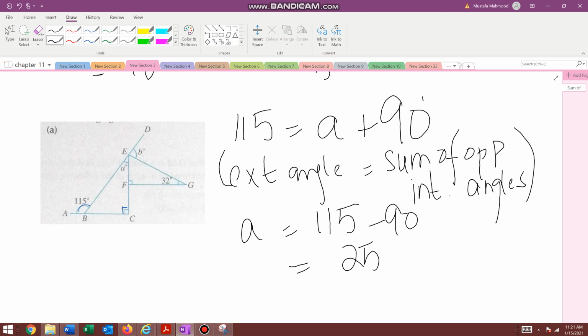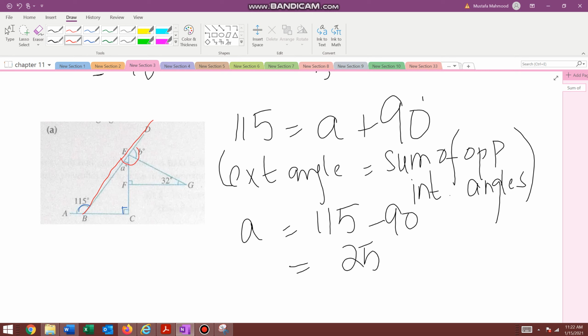Now you have the angle A and you want to find out the angle B. Now if you see this line, this would be 180 degrees. Angle A plus this angle in the middle that has not been marked plus angle B should be equal to 180 degrees because it is a straight line.